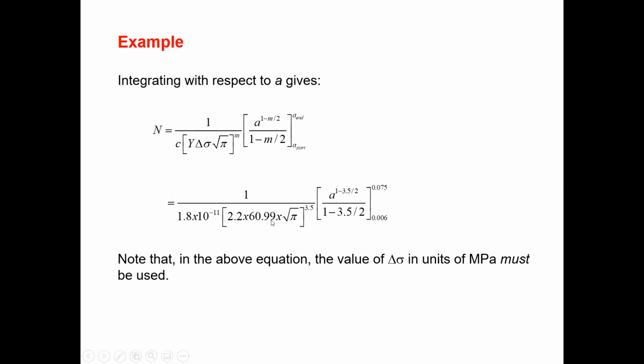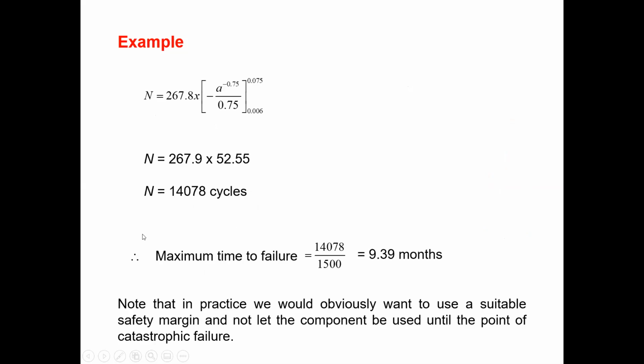So ignore the 10 to the power 6, just substitute in megapascal, and then simplify that. Then the number of cycles you will get like this. I'm not going to explain in detail how to differentiate and substitute. So the N value you will get is the number of cycles to grow the crack until 75 millimeter. So that is the critical point.